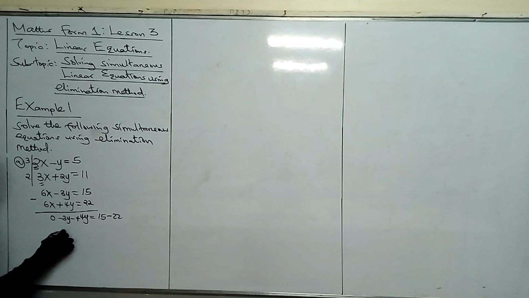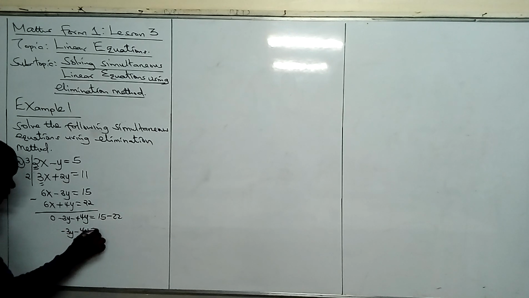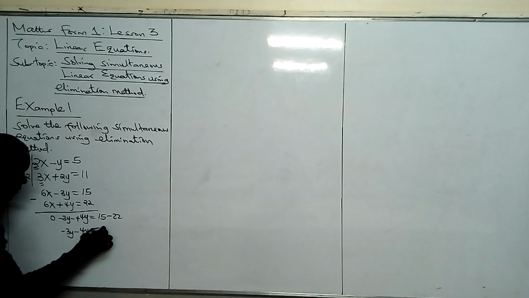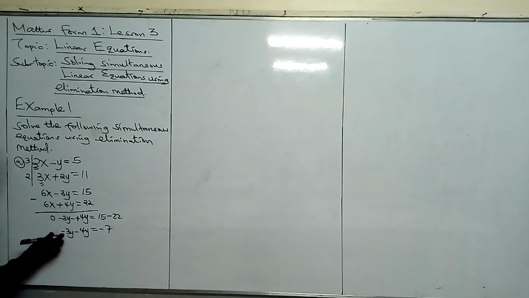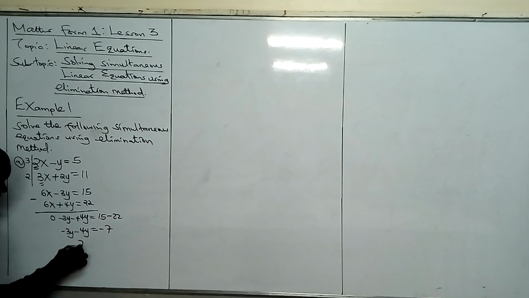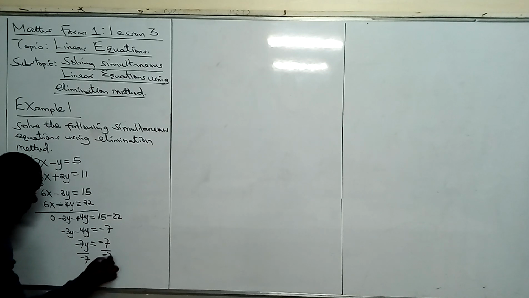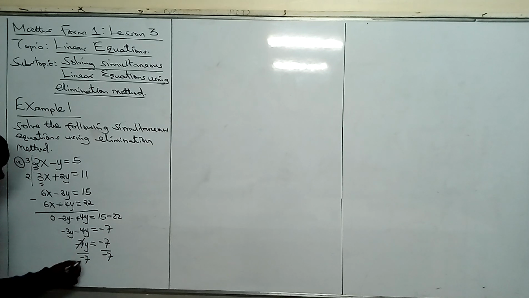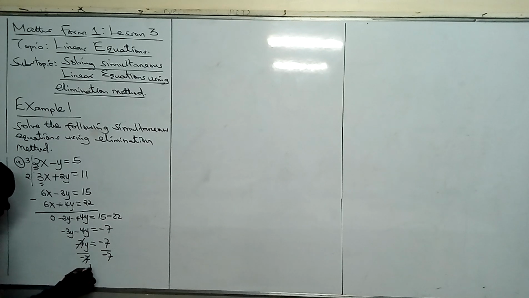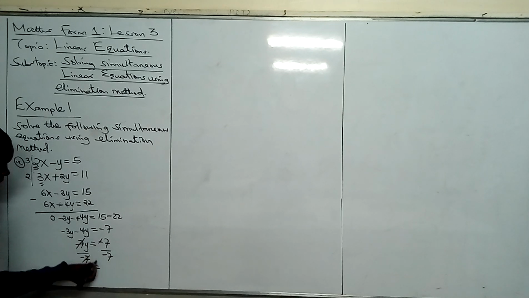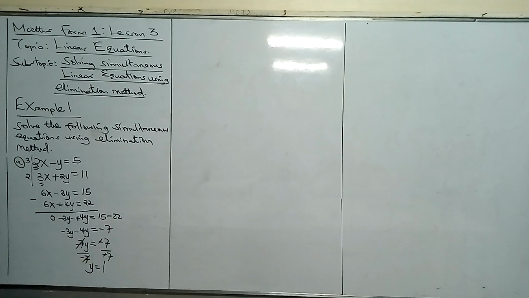So we have minus 3y minus 4y is equals to 15 minus 22, which gives us minus 7. Minus 3y minus 4y gives us minus 7y, which is equivalent to minus 7. We divide by minus 7 on both sides. 7 cancels with 7, and we also cancel the negatives. 7 goes into 7 once. So that's how we obtain the value of y as 1.